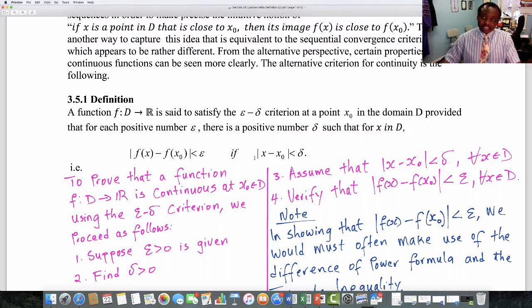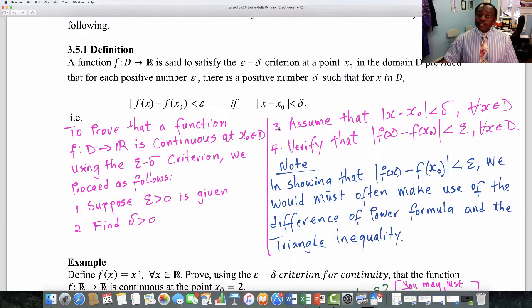Let's break that down. To prove that a function f from a domain D to the set of real numbers R is continuous at the point x0 in D using the Epsilon-Delta Criterion, we proceed as follows. We suppose that epsilon greater than 0 is given. Our task is to find delta greater than 0.